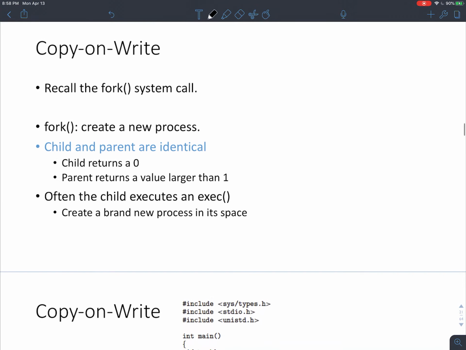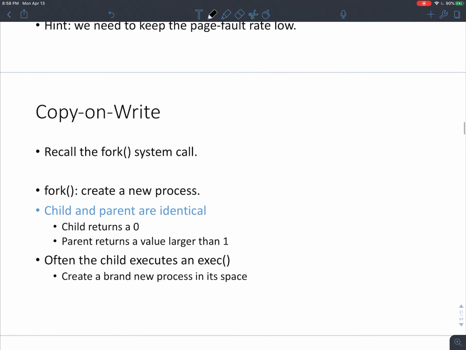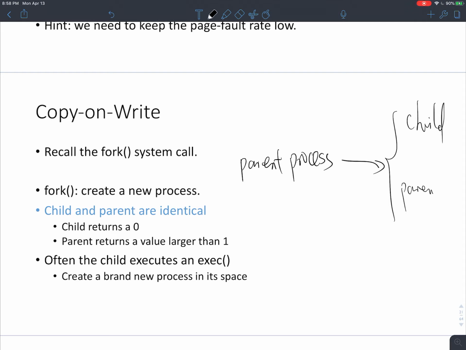So copy on write means this. Previously we said that when we call the fork system call in a parent process, it creates a child process, and then we still have the parent process.